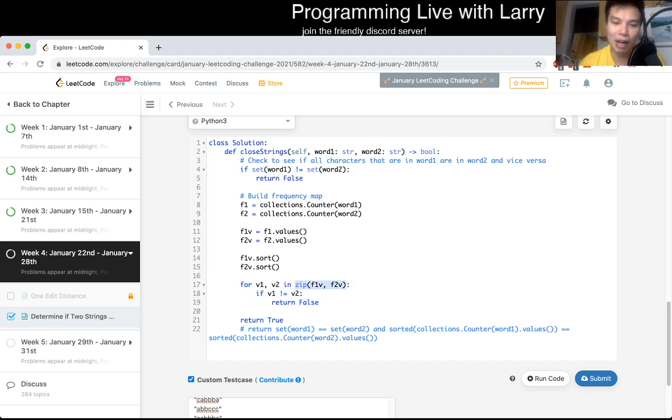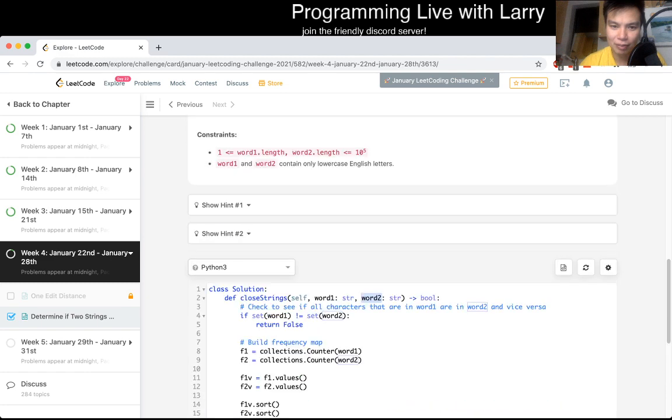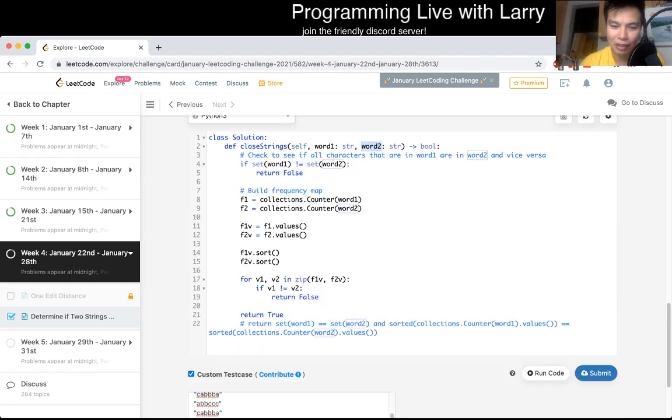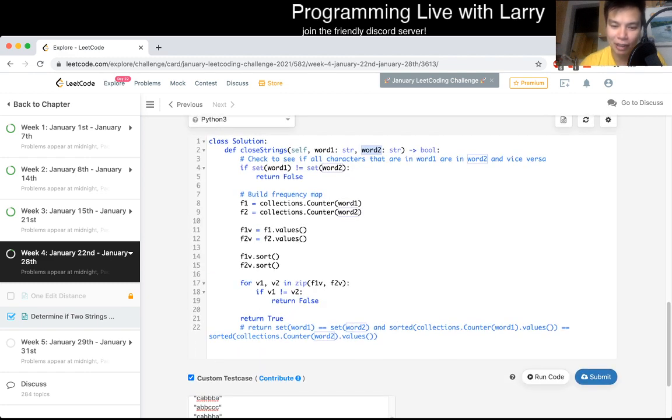But if they're not, the invariant is such that the sums of the frequencies are the same if they have the same length. So, is that true? Maybe this could be a little bit wrong if you're not careful. No, because of all these invariants, it should be true.